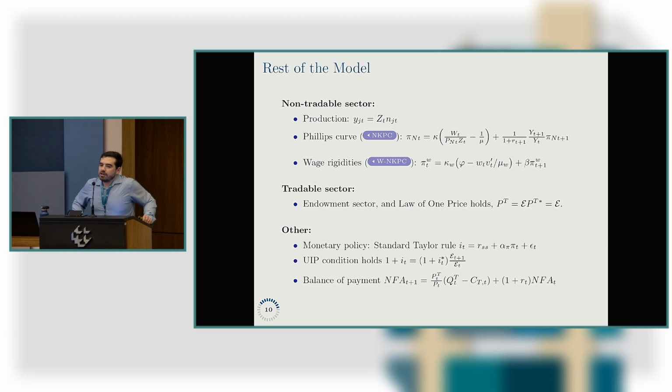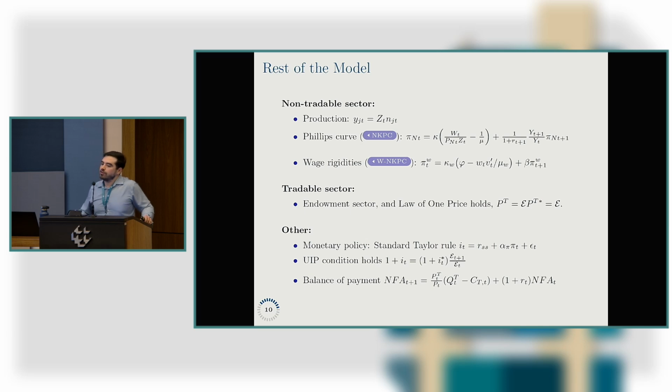The rest of the model is quite standard. We have production only in non-tradable, a Phillips curve, and wage rigidity in a wage Phillips curve. The tradable sector is an endowment, as I just told you, and the law of one price holds. So basically, the tradable price is the same as the nominal exchange rate.